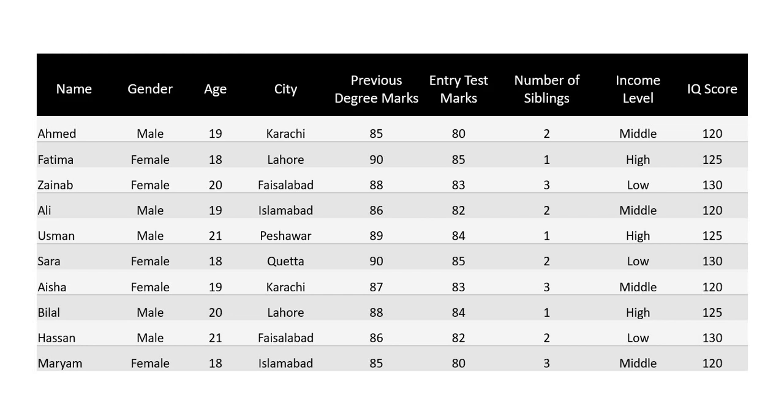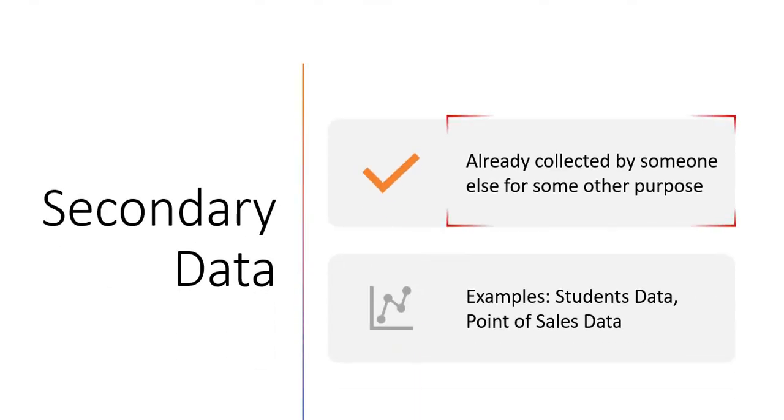However, we don't probably need to do that because most probably this data has already been collected at the time of admission by the admission department. So we can simply get this data from the admission department and use it for our own purposes. Such data, which has already been collected by someone else for some other purpose, is called secondary data.